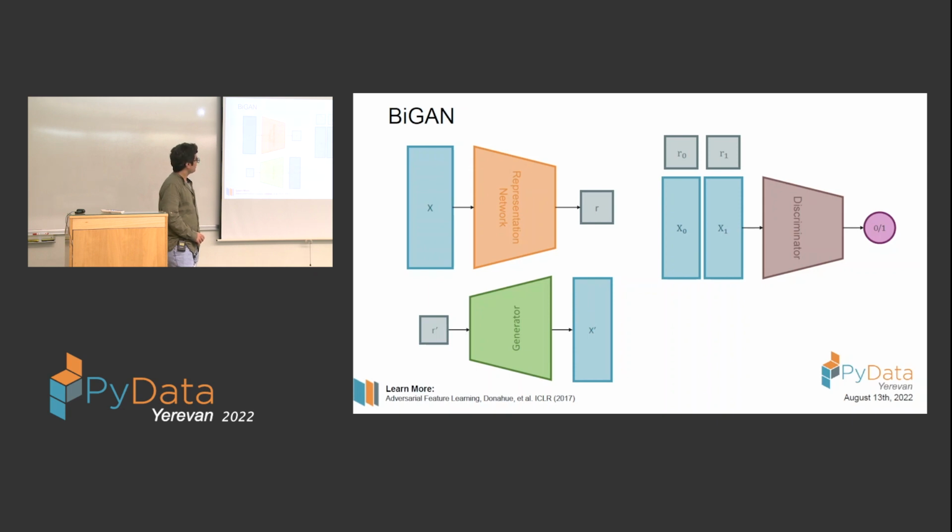Then you have another input here that you can do the same with. And you can also understand x given r and r given x, and you can generate the data as well.